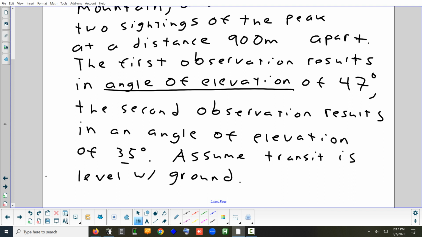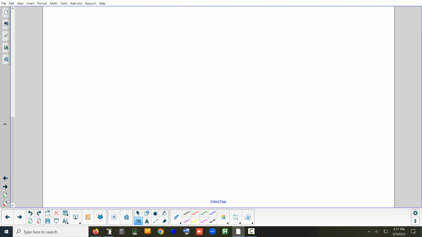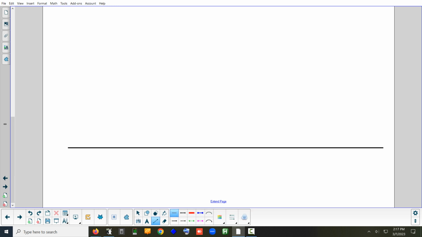What else do I need? The top of what? The mountain. I need a mountain. So I'm going to have 2 people. I'm going to have a mountain. And there's one more very important thing I need. I need the ground. Right? So we're not going to draw this real fancy, but we're just going to draw in the ground. Here's the ground. Here's our mountain.